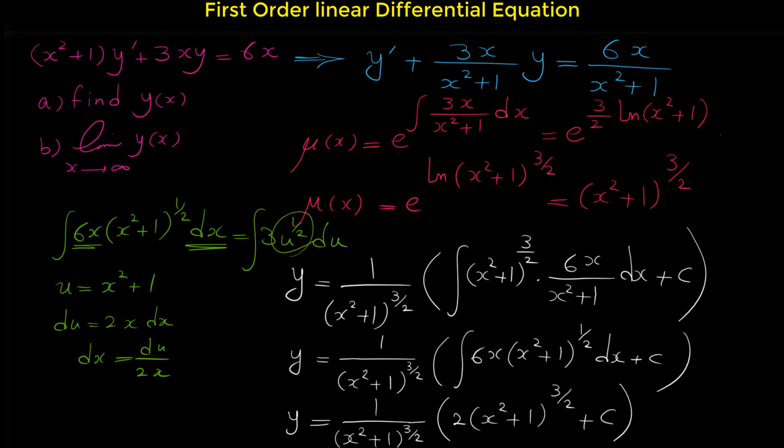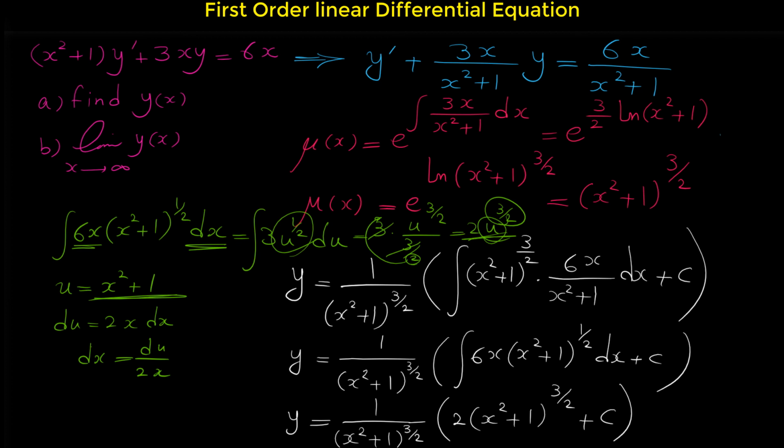Integral of u to the 1/2 is u to the 3/2 over 3/2. If we cancel 3 with 3 and we move 2 to the top, we have 2u to the 3/2. But note that u is actually x squared plus 1. So this equals 2 times x squared plus 1 to the power of 3/2.